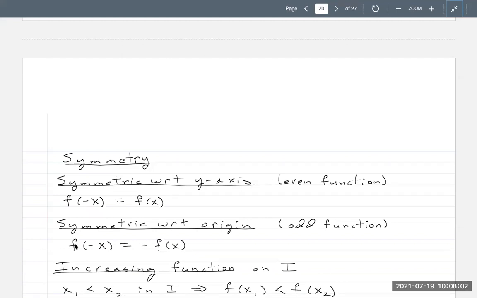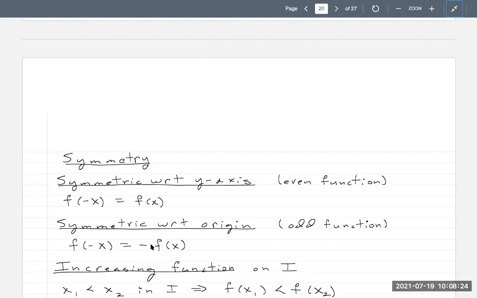We call this an odd function. So if f(-x) = -f(x), then f is an odd function. It is symmetric with respect to the origin.